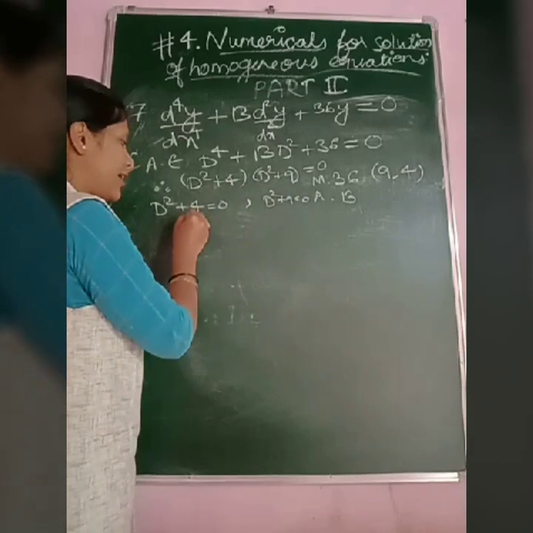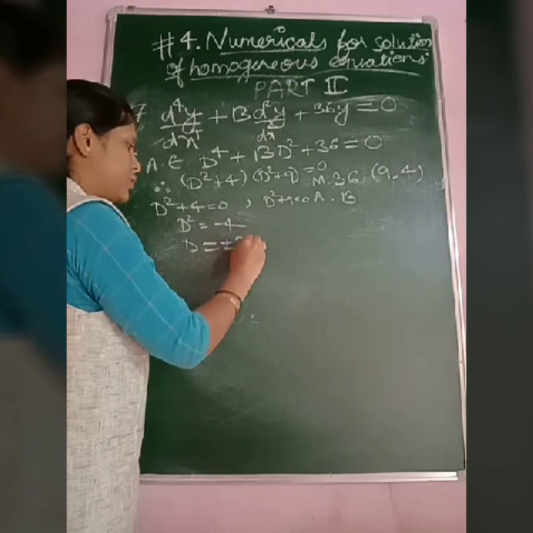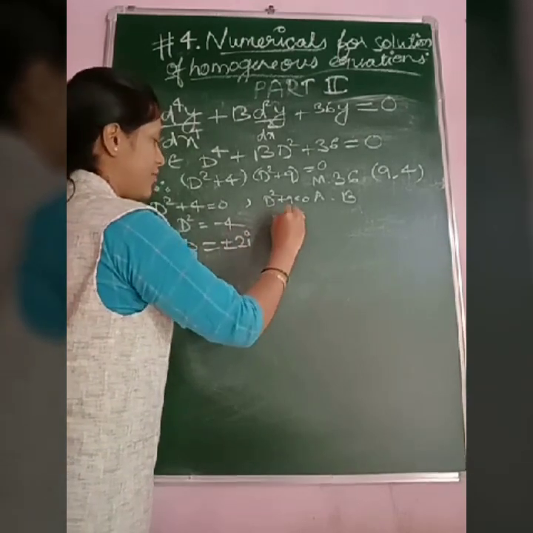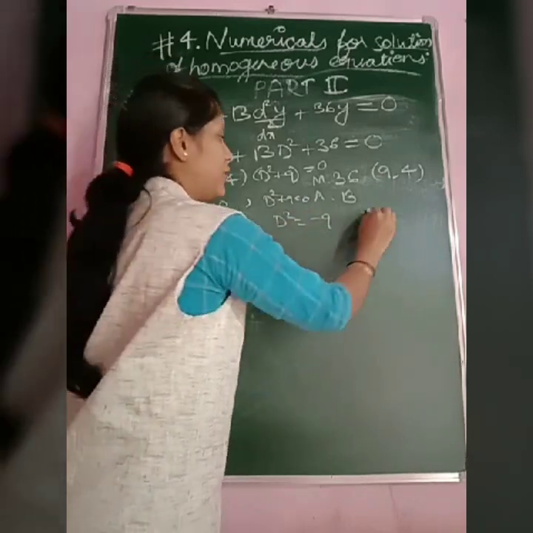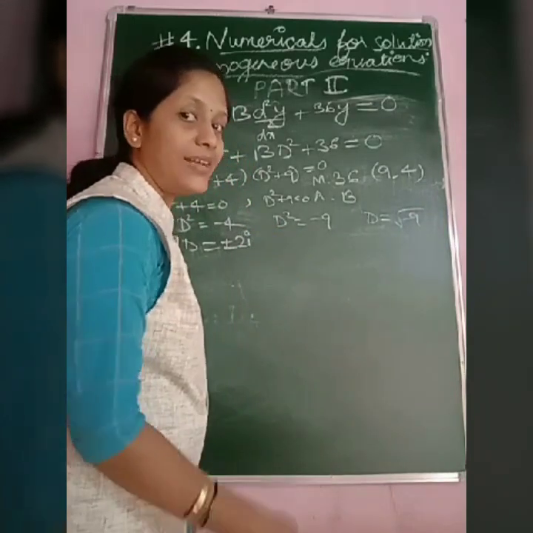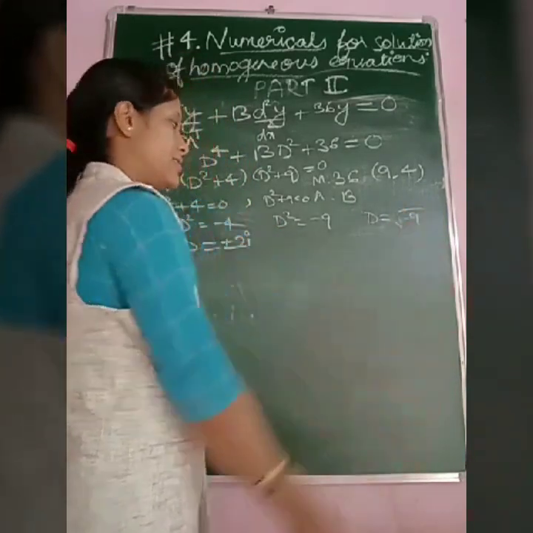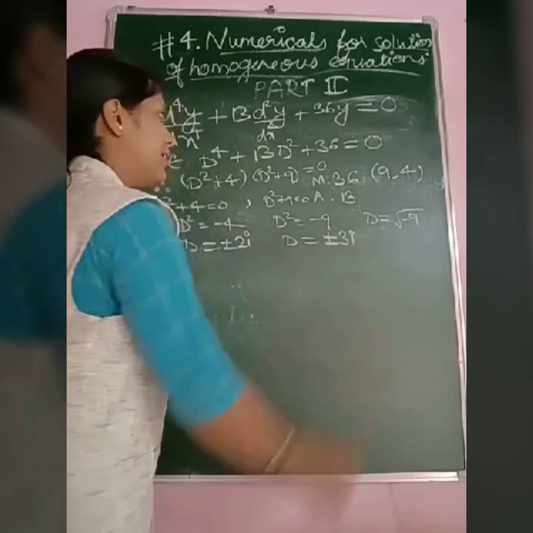So in the same way, D^2 = -4, D = plus or minus 2i. And same way D^2 = -9. So what is the meaning? Taking square root, D = square root of -9, so root of -9 is 3i. So D = plus or minus 3i. Right?